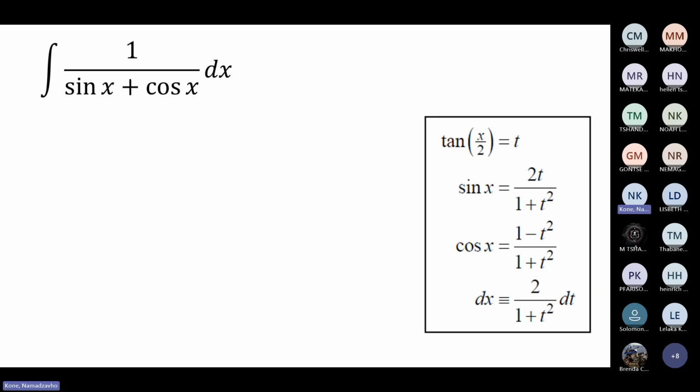And the answer is? The answer is 2 over the square root of 2 add cos with an h into tan of x over.